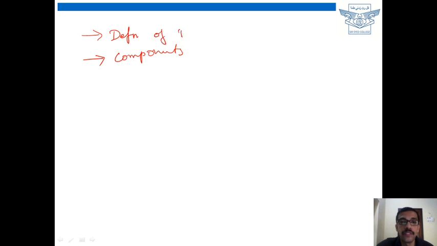So what all have we seen? First we have seen the definition of environment, then the components of environment. We have seen the segments.